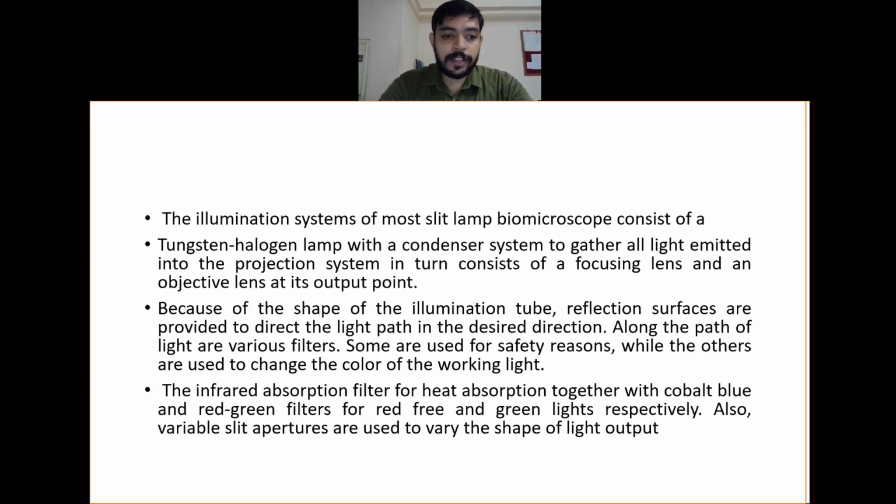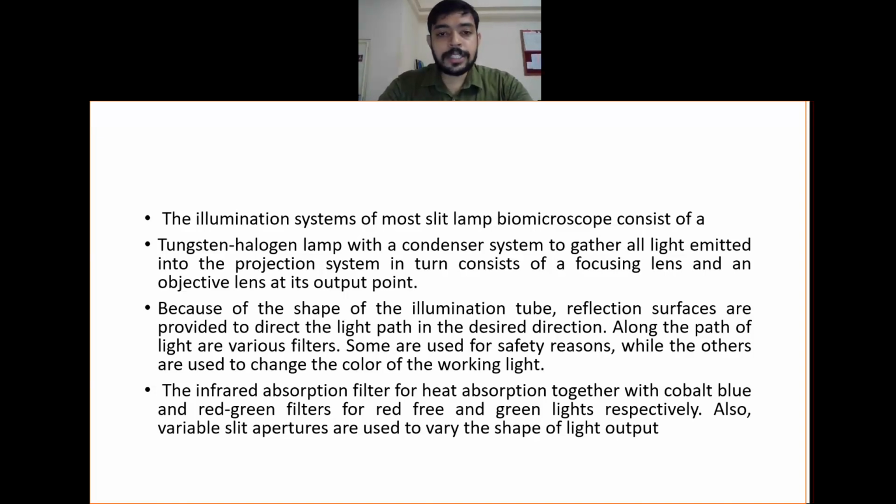Along the path of the light are various filters. Some are used for safety reasons while the others are used to change the color of the working light. The infrared absorption filter is for heat absorption, together with cobalt blue and red-free green filters for blue and green lights respectively. Also, variable slit apertures are used to vary the shape of the light output.